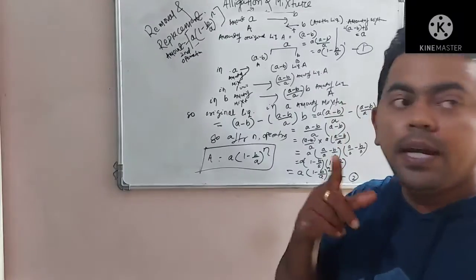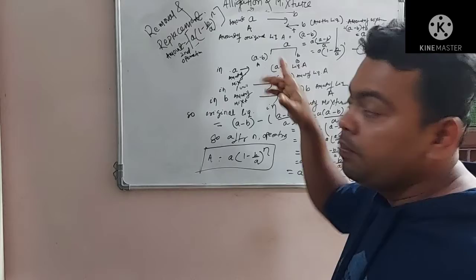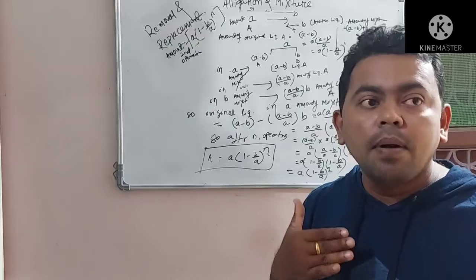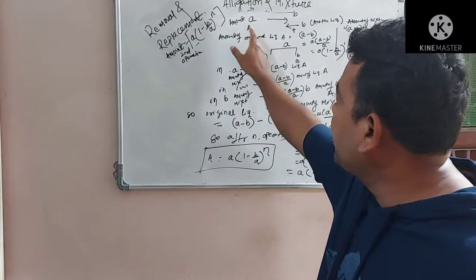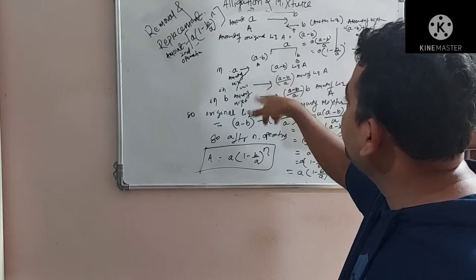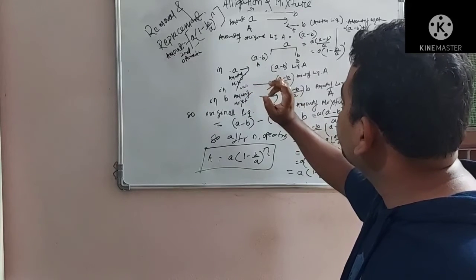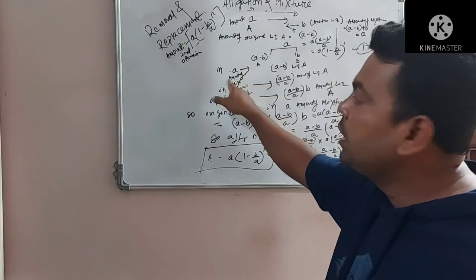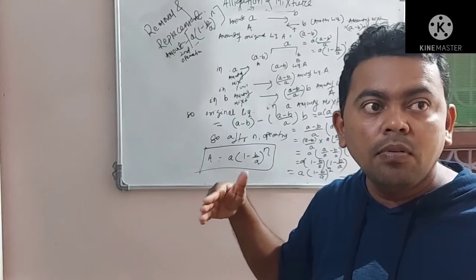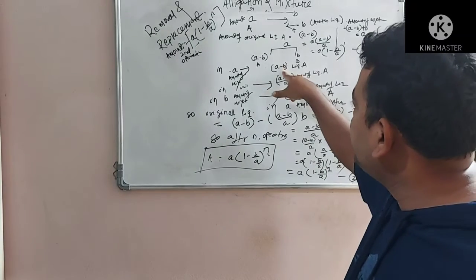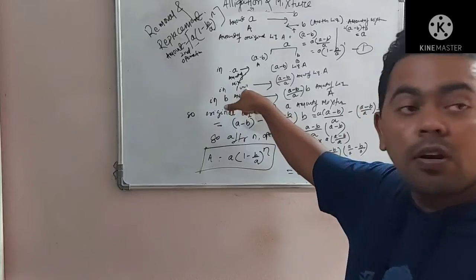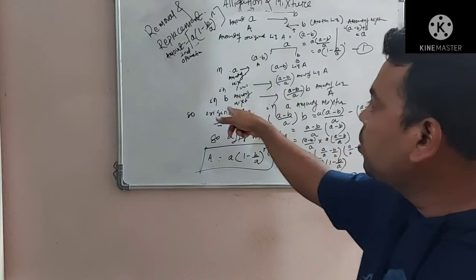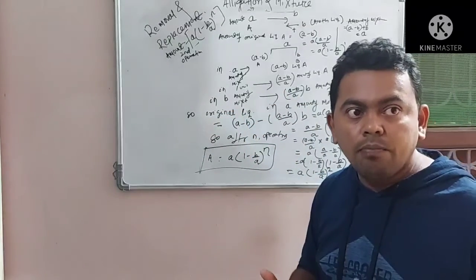In B amount of mixture, I have to find out what is the amount of original liquid A. So in A amount of mixture, the amount of the original liquid is A minus B. So in 1 unit of mixture, the amount of original liquid is equal to A minus B by A. I draw B amount of mixture.